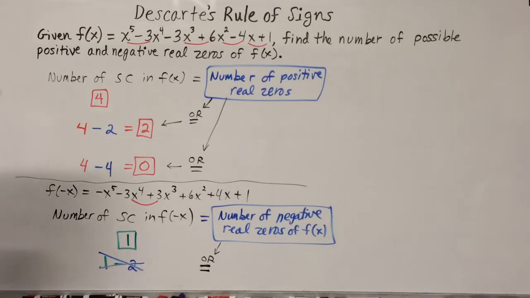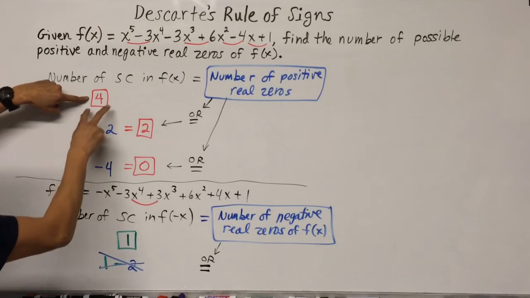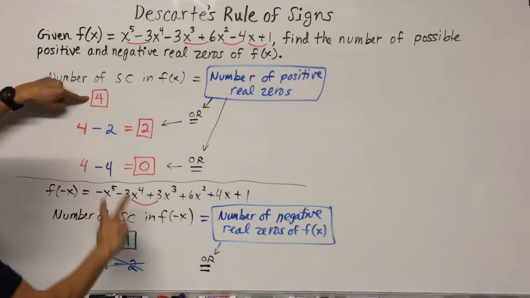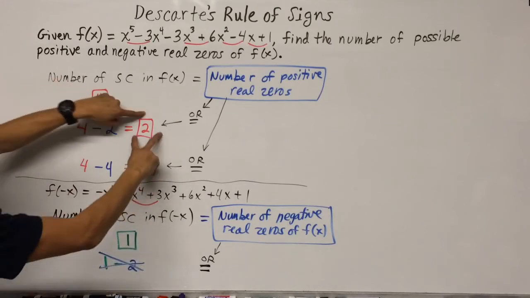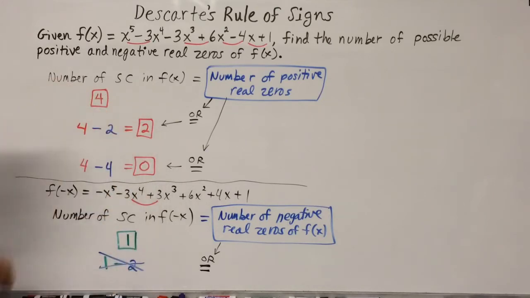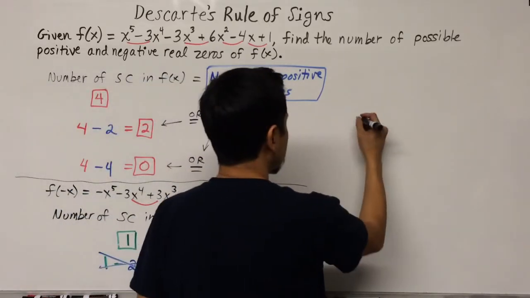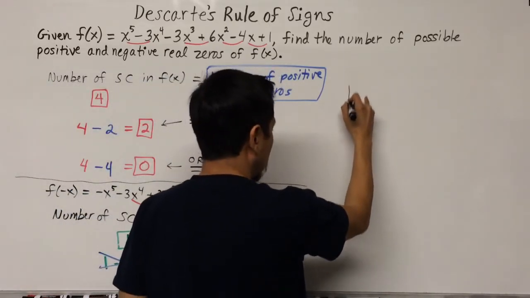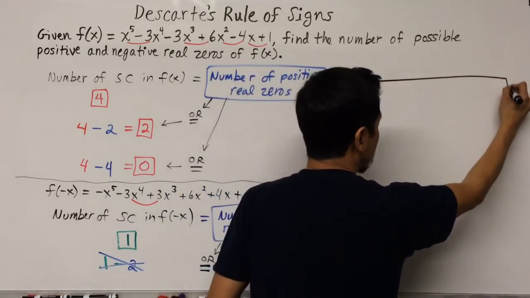Okay. Now we're going to build our chart, and so in the chart, we're going to have to pair up every one of these red numbers with the green one down below. So 4 will pair up with 1, 2 with 1, and 0 with 1, which means that our chart is going to have 3 rows. Okay? So we're going to have 3 possible outcomes for this polynomial.